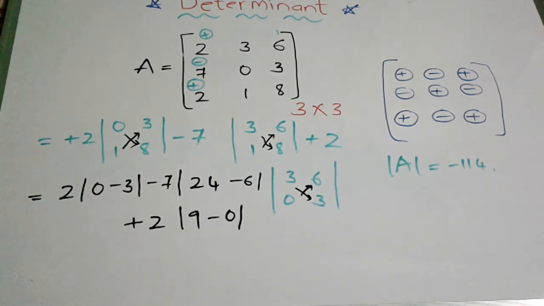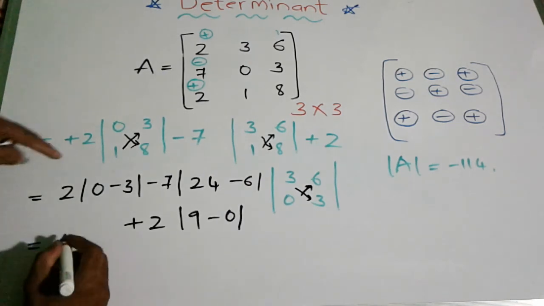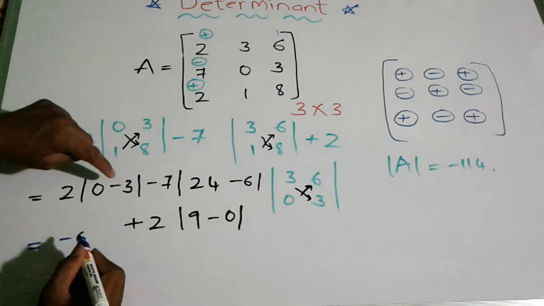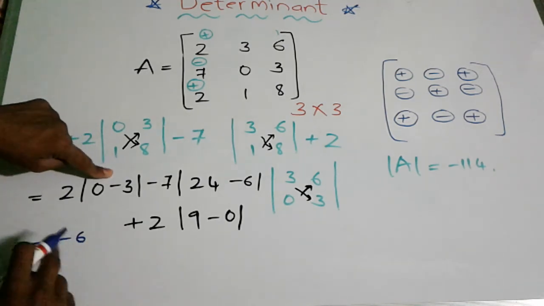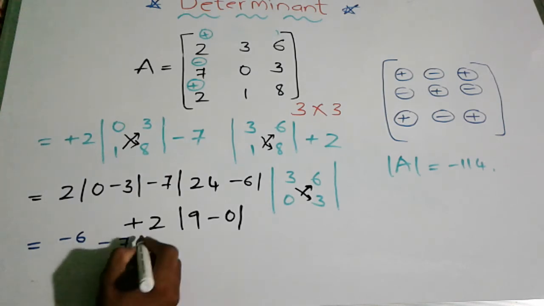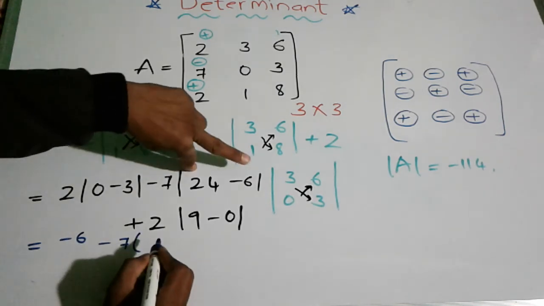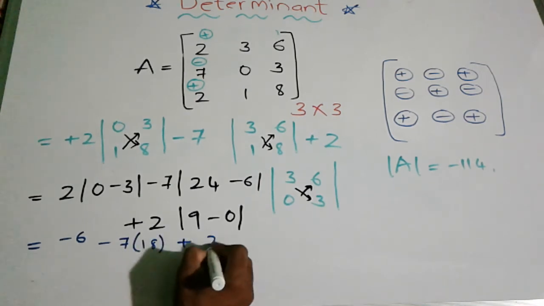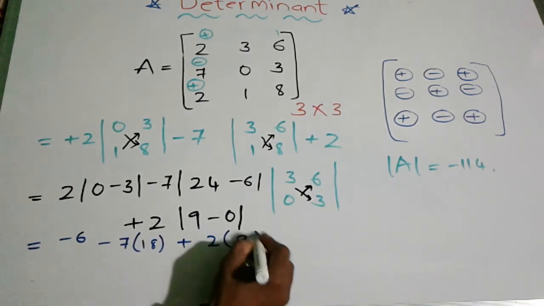So our final answer will be 2 3s are minus 6, so we have minus here, so we got minus 6, and minus 7 multiplied with 24 minus 6, which is 18, and plus 2 multiplied with 9.